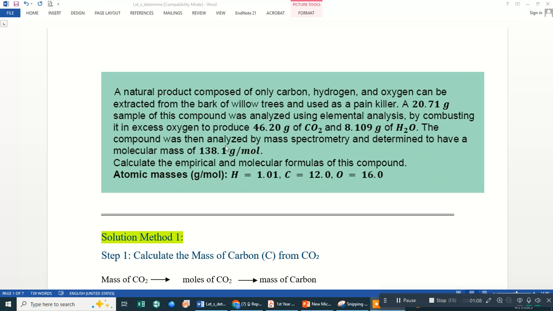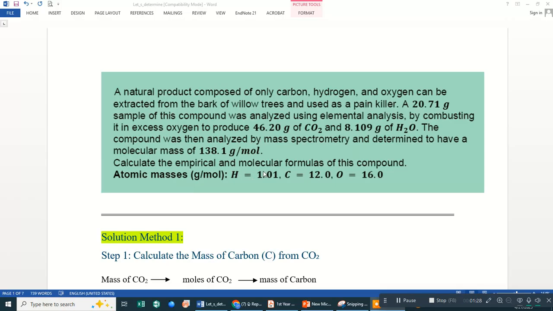The compound was then analyzed by mass spectrometry and determined to have a molecular mass of 138.1 gram per mole. Calculate the empirical and molecular formula of this compound.